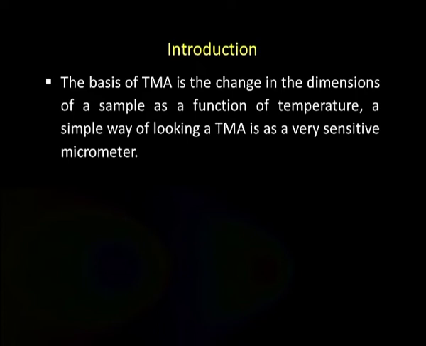The basis of TMA is the change in the dimensions of a sample as a function of temperature. A simple way of looking at TMA is as a very sensitive micrometer.